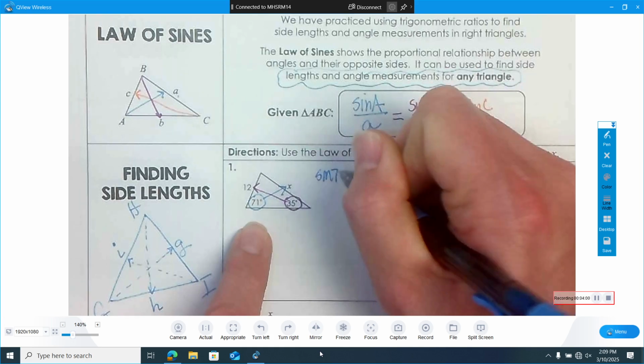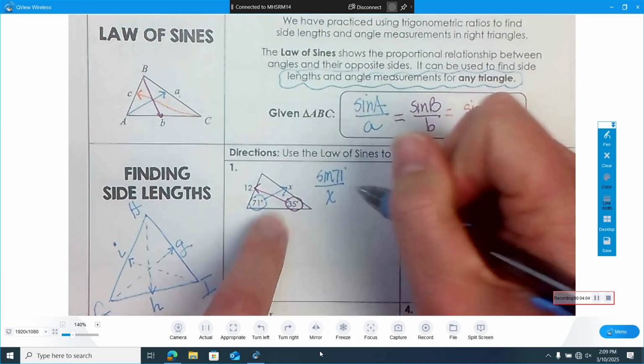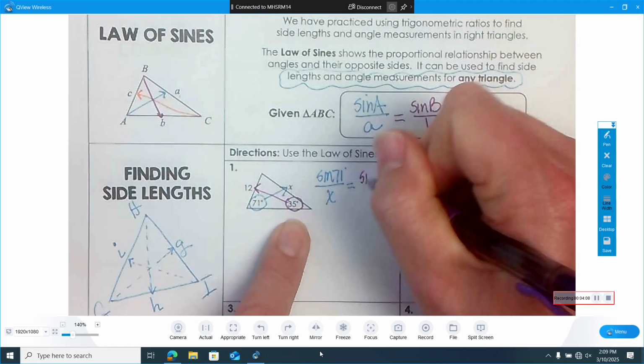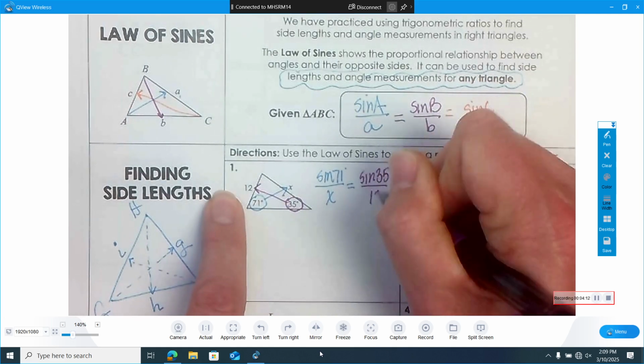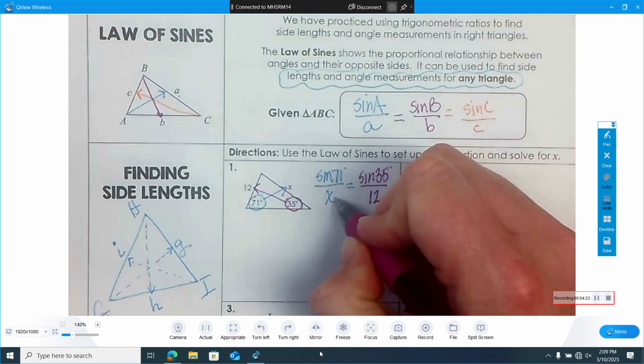Sine of 71 degrees over its opposite side x is equal to sine of the 35-degree angle over its opposite side of 12. So we create this lovely little proportion with our angle and side pairs. How do we solve? Cross multiply, absolutely.